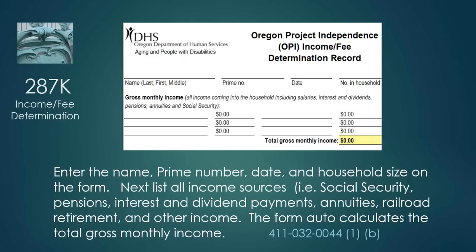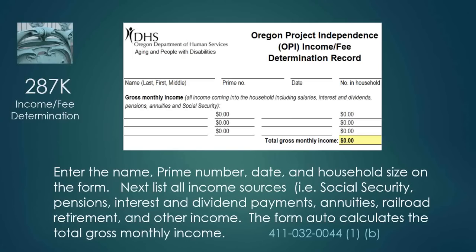If you have a household of two, let's say it's two spouses, but only one of them is on the OPI program, we're only going to need one form, and the person that's signed up on OPI is the person's name we're going to list. But when it comes to income, we're going to count the income of both people because they're both a part of the household and it's household income.